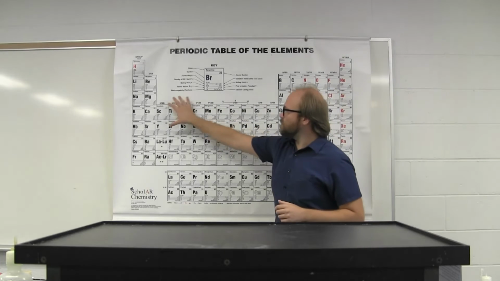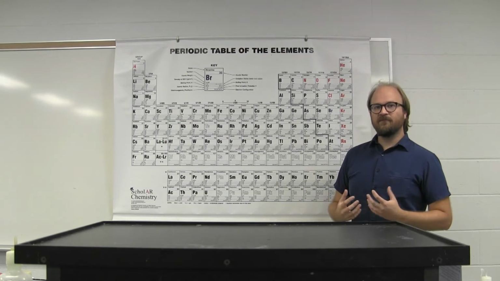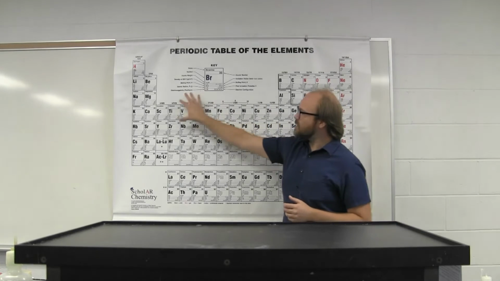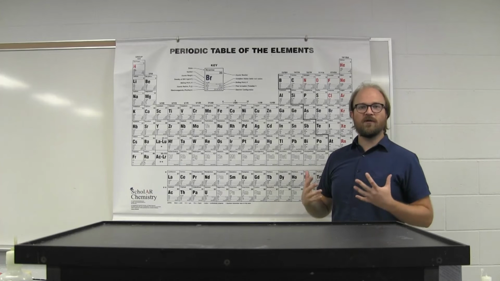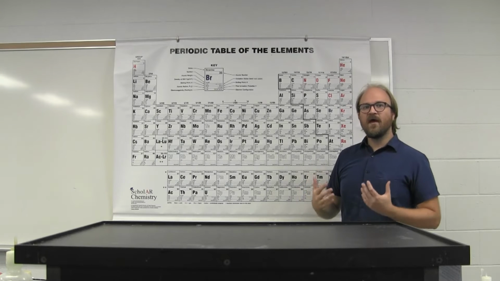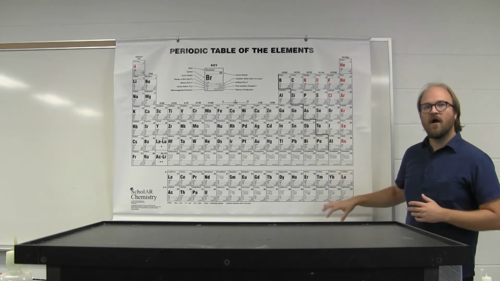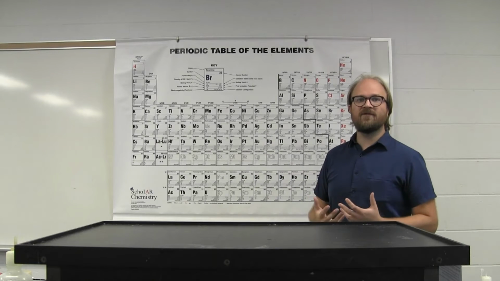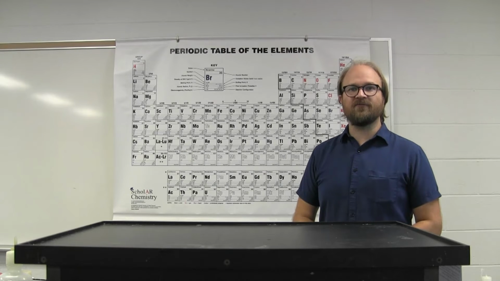The transition metals are in the d subshell. The d subshell is able to hold 10 total electrons. And finally, the rare earth elements are in the f subshell, each able to hold 14 electrons.